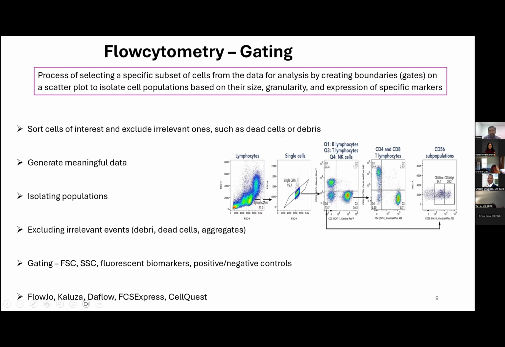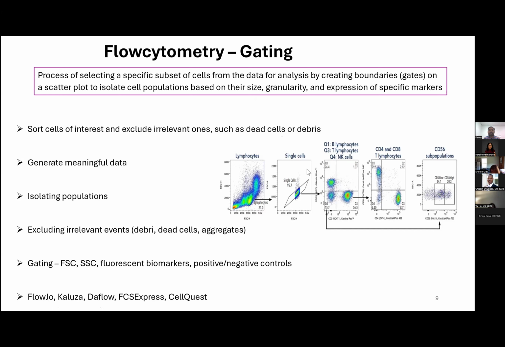So just based on this dot plot, we can simply choose the region of cells of our interest. For example, if you are looking into only lymphocytes, just use the selection tool to select that area. So that will only give those cells which are under our gate. So that is called gating.